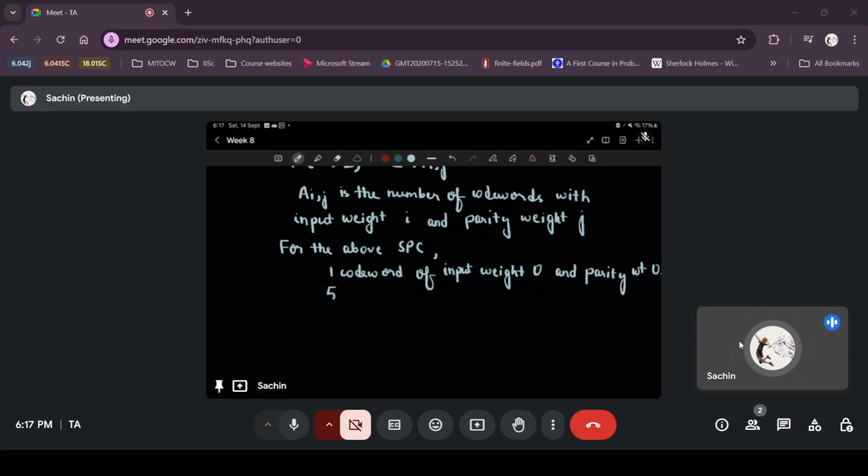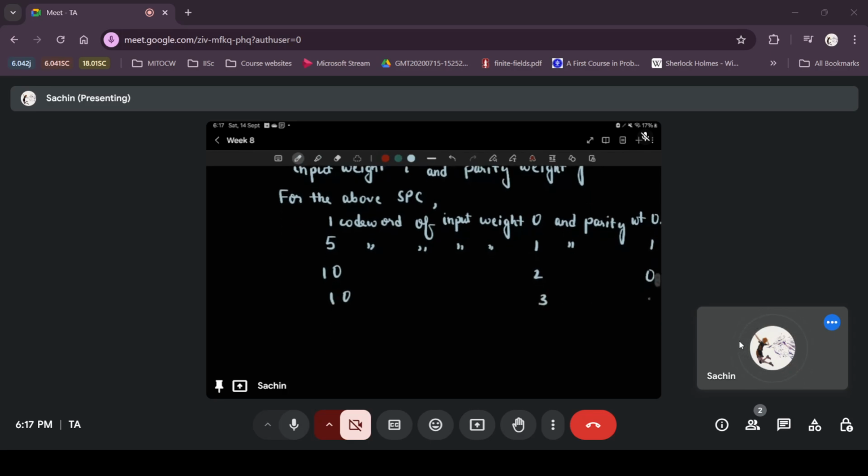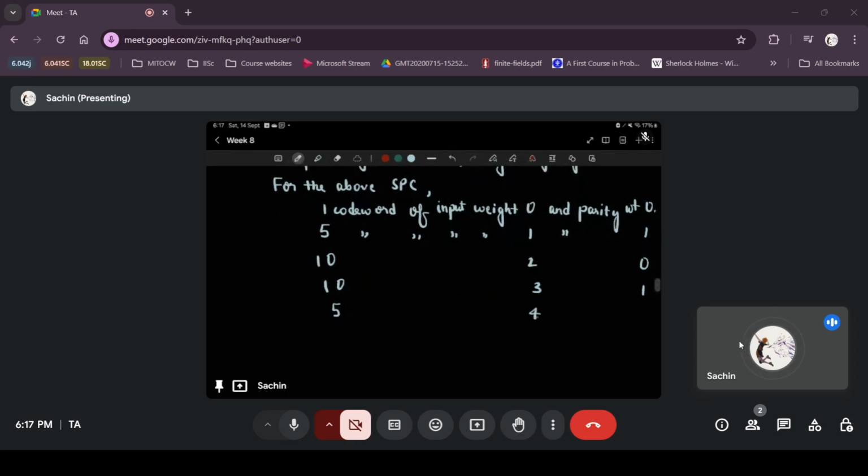There are five code words of input weight 1 and parity weight 1. There are 10 code words of input weight 2 and parity weight 0. 10 code words of input weight 3, parity weight 1. 5 code words of input weight 4, parity weight 0. And 1 code word of input weight 5 with parity weight 1.